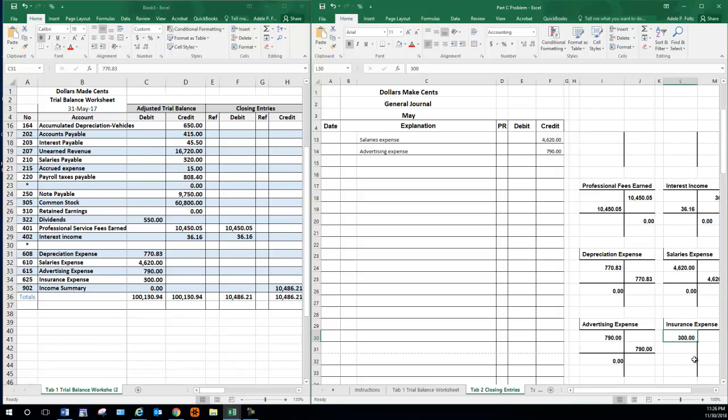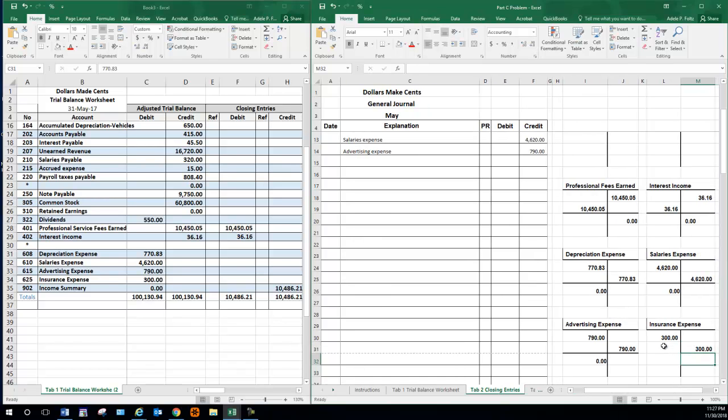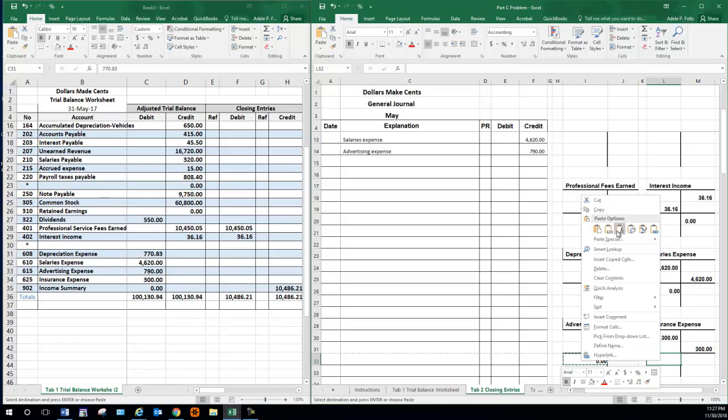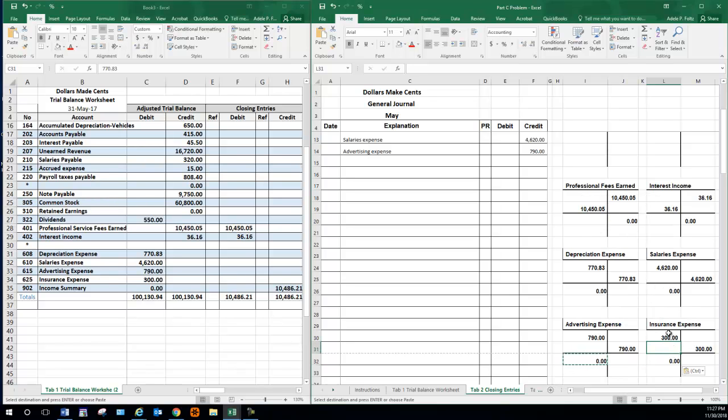So our insurance expense over here has a debit balance, so we need to also credit that and make it 0. So now debit balance, we credit it, it ends up as 0. So let's put our insurance expense up here and credit it for $300.